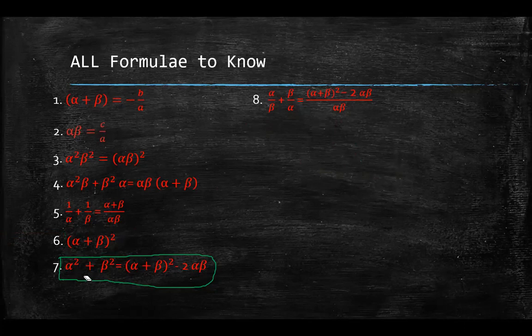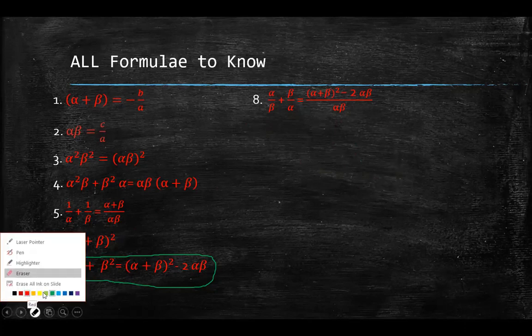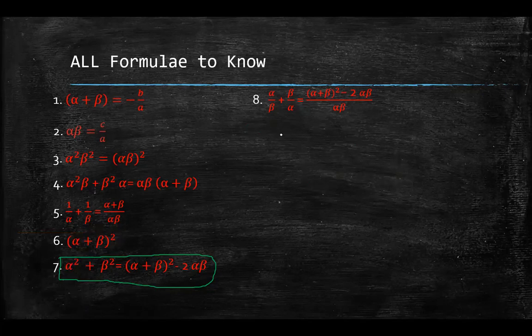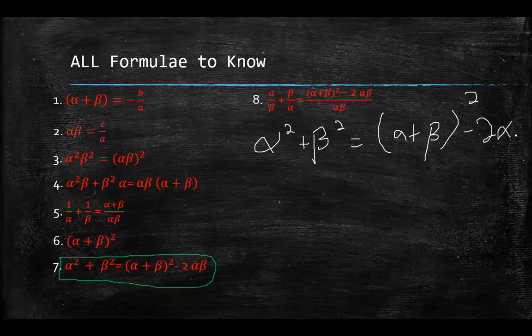Right, this is something you need to learn. Alpha squared plus beta squared is equal to alpha plus beta squared minus 2 alpha beta.